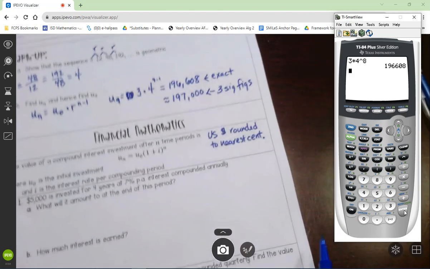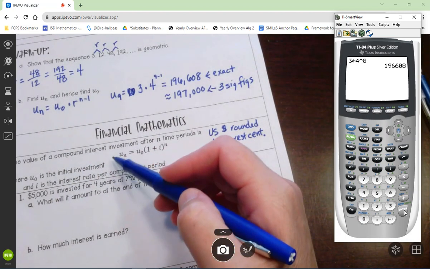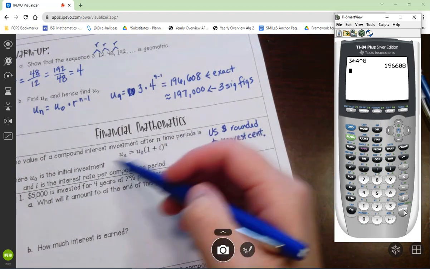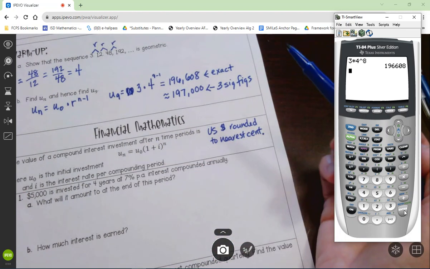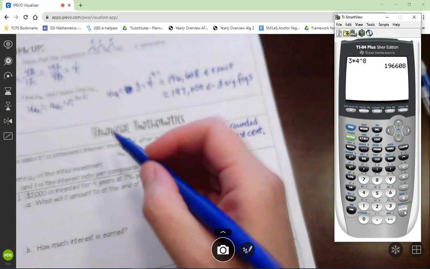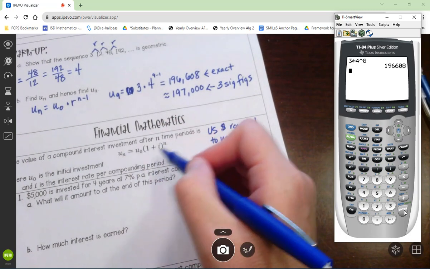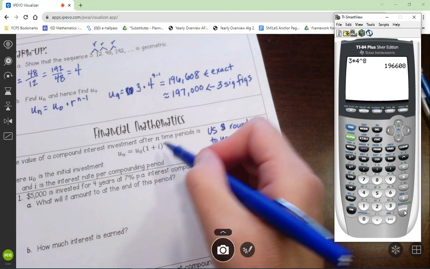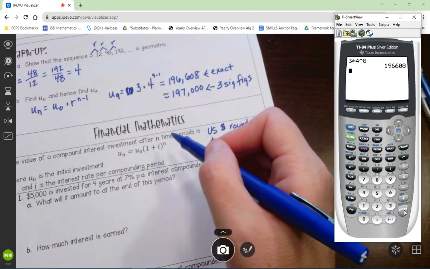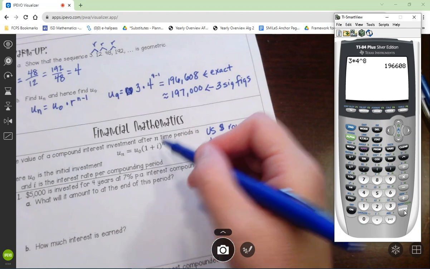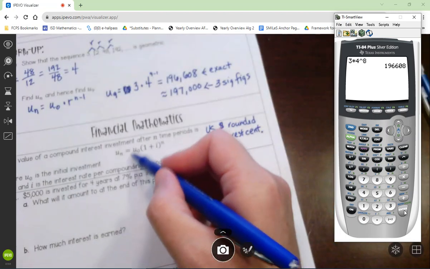Okay. So the value of a compound interest investment after n time periods is given by this formula. And this formula makes so much sense because here's your end amount, and it's going to equal your starting amount times your interest. And it's going to be times your interest the total number of times you apply that interest. So here's your starting amount.